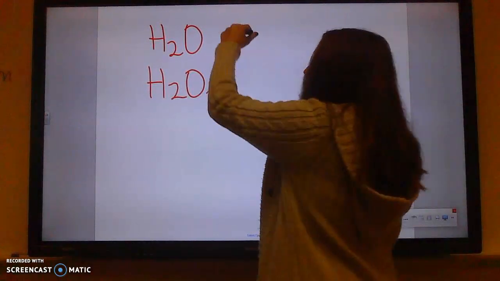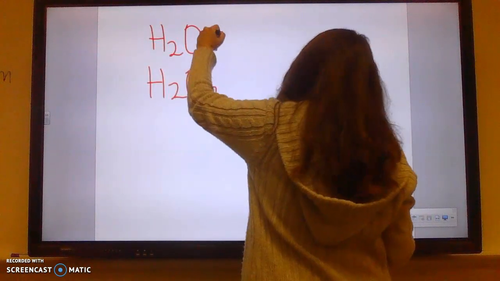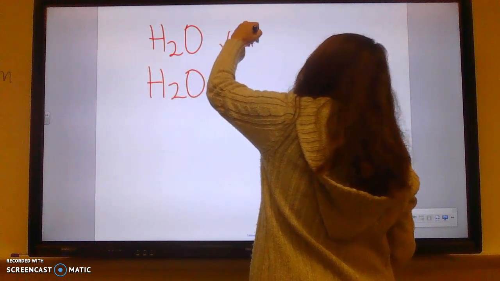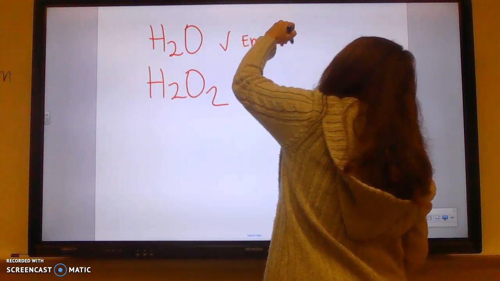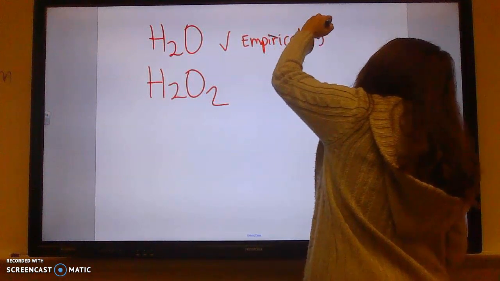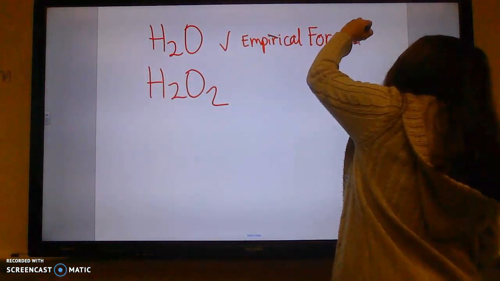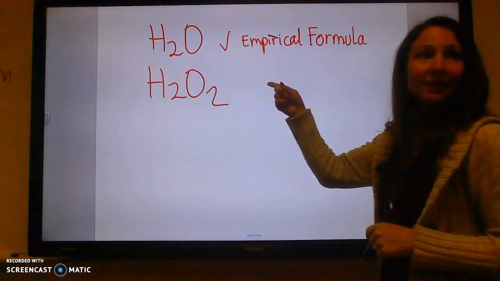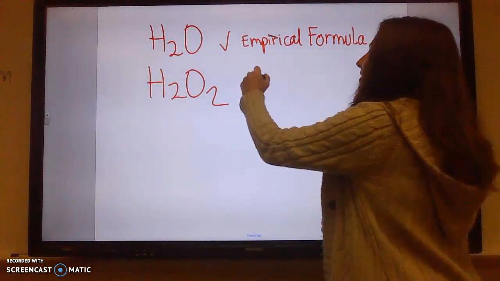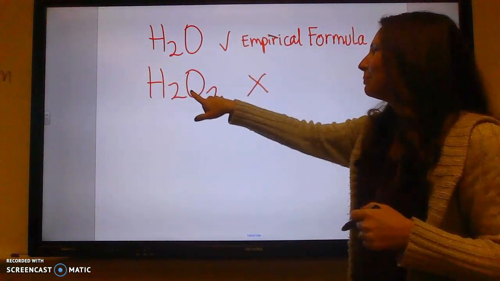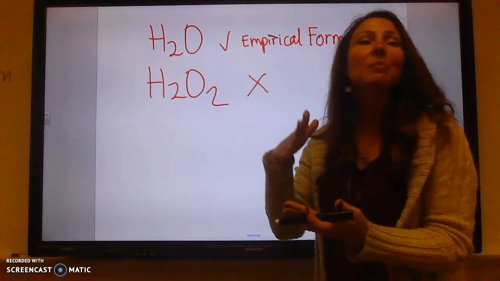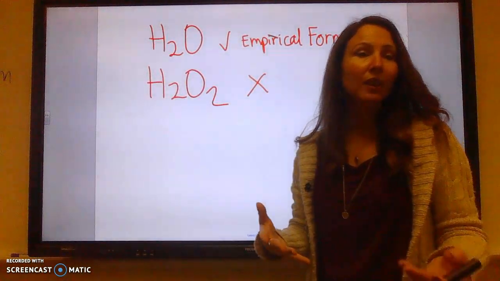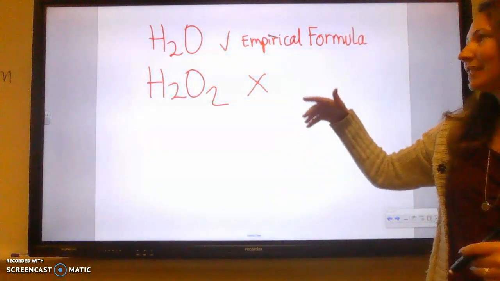Okay, so this is an empirical formula. All right. This one, what do you think? Yes? No. This one is not, because both of the subscripts are 2's and they can be simplified down to 1's. Okay? So that's the difference.